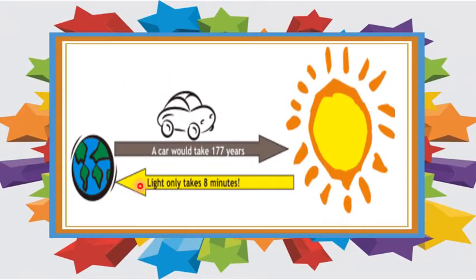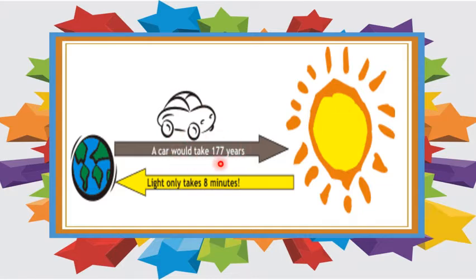Students, as we know that the earth and the sun are far apart from one another. So, if a car goes to the sun, a car would take 177 years to reach the sun, and you can see that the time would be taken, right?